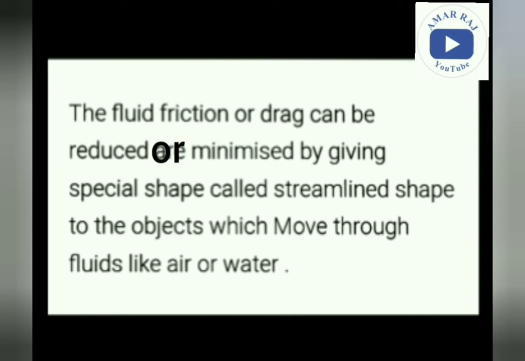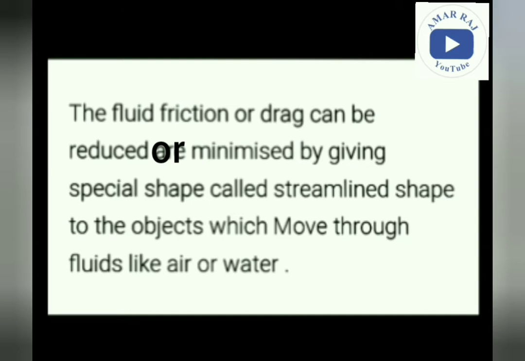So students, what is a streamlined shape? It is a special shape given to an object, so that when it moves through a fluid, the friction exerted by the fluid becomes less.